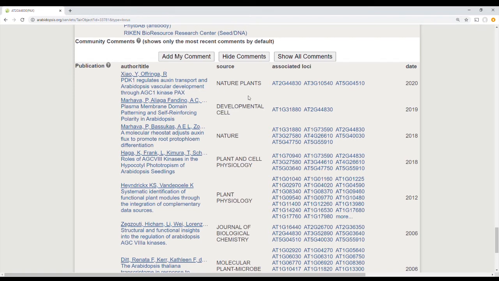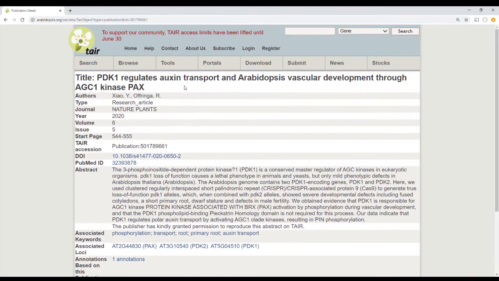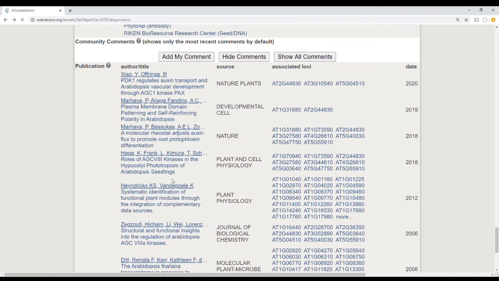Auxin is a plant hormone, and so if you click on that link, it will take you to the information about this paper, and it will give you the abstract and everything like that.